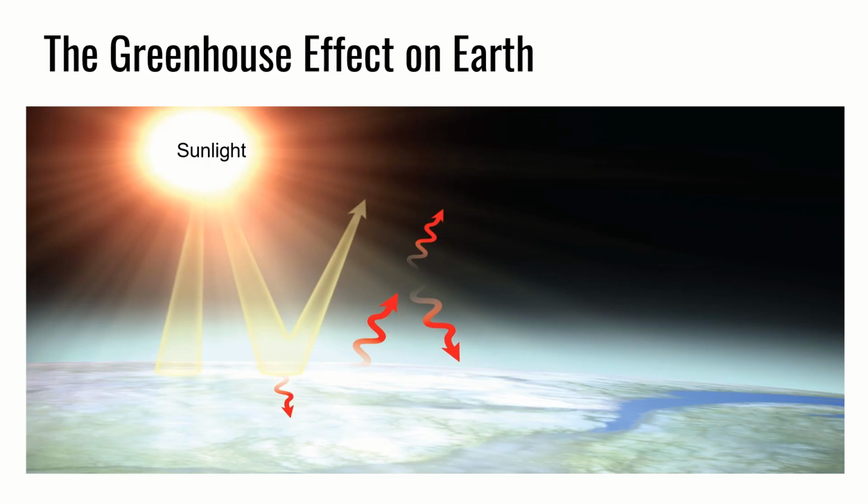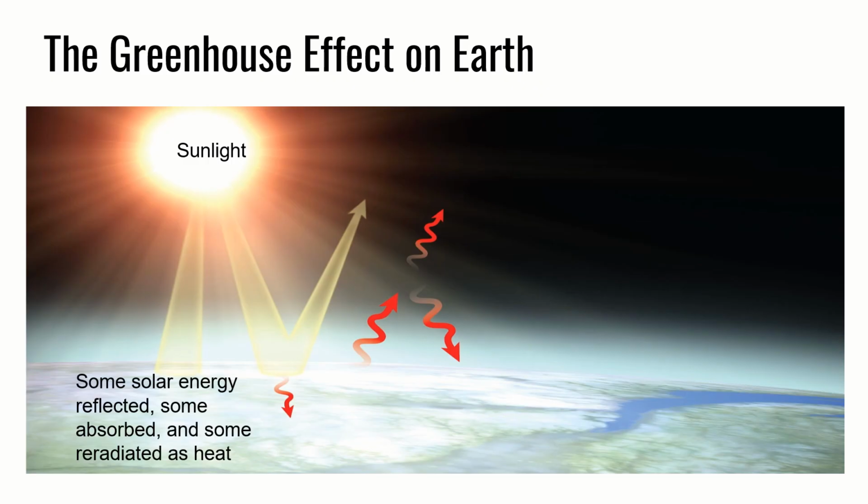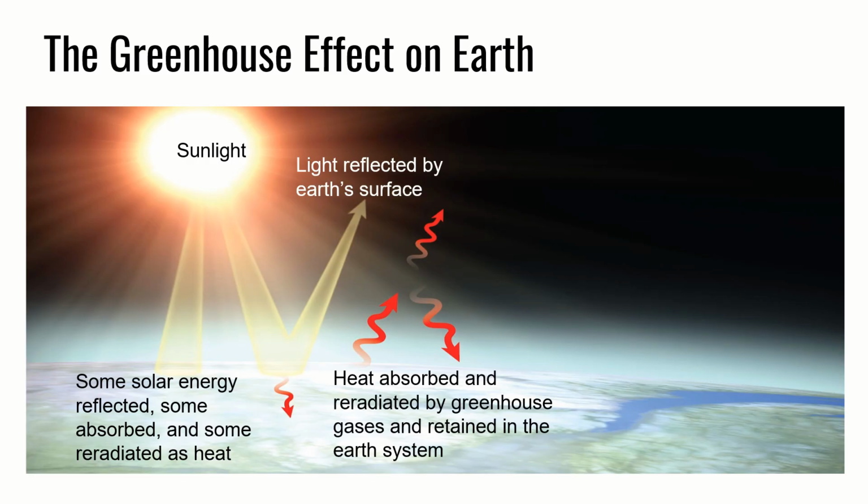So if we look at this as an actual situation, we see some solar energy is reflected, some is absorbed, and some is just re-radiated as heat. And so we can see there that yellow arrow is the energy that is reflected by the Earth's surface. The red arrows are showing heat absorbed and re-radiated by the greenhouse gases and retained in the Earth's system.